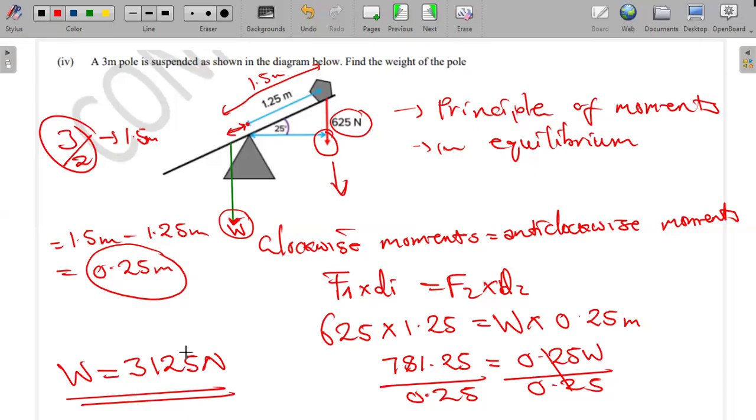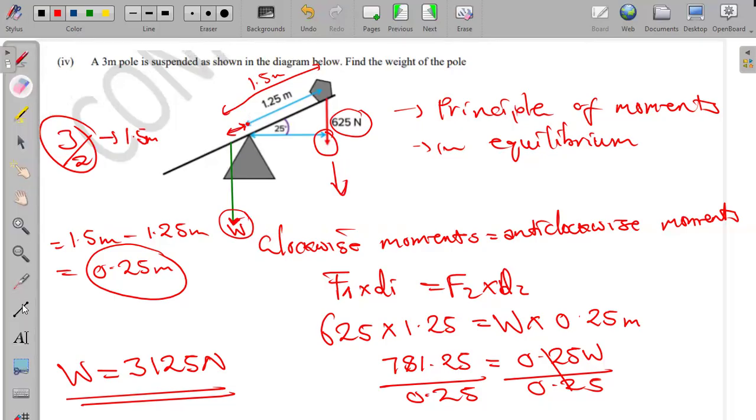So if you want, you can resolve the forces on this particular beam. They've given us an angle here to say this beam has been tilted to 25 degrees from the positive x-axis. You can resolve your forces since you've already learned about vectors. I'm sure you now have all the knowledge needed to resolve a vector. So our weight can be resolved in that direction, and even this force can be resolved in that direction.